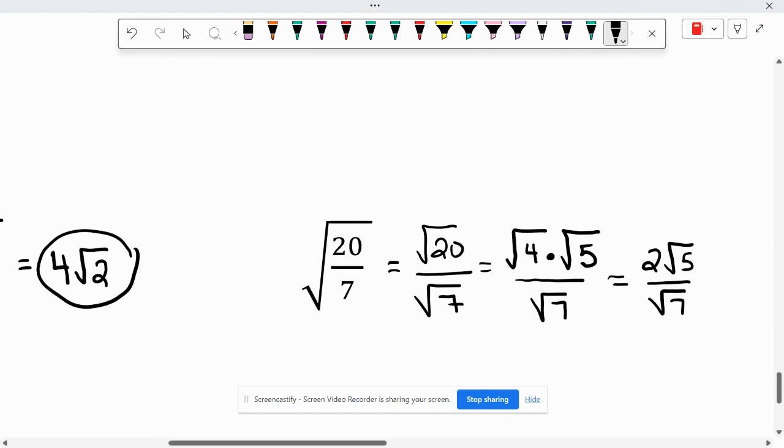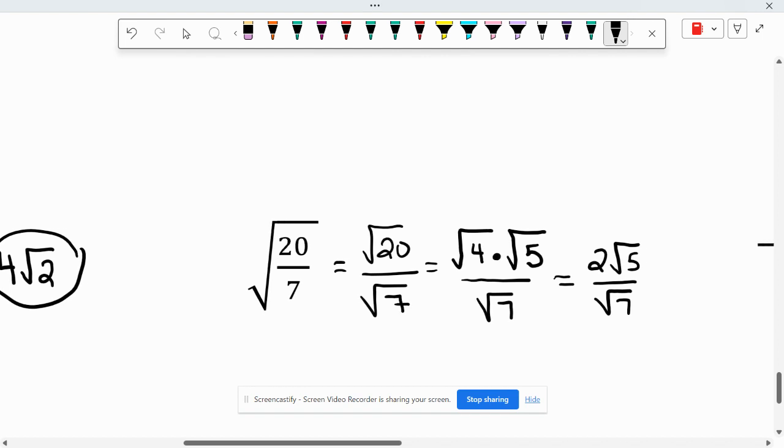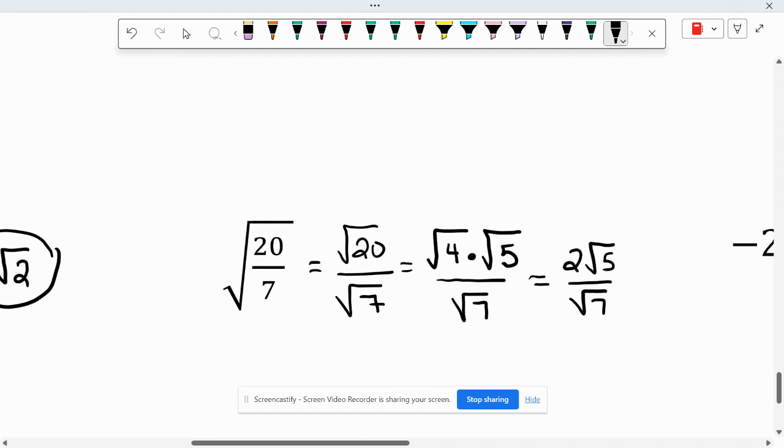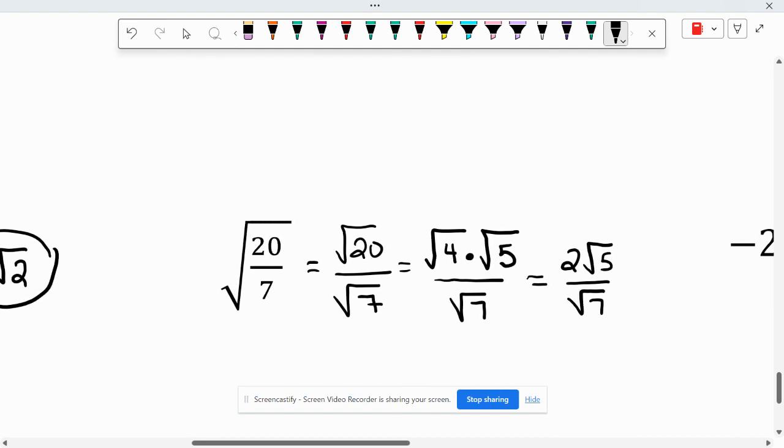Can I leave the square root of 7 in the denominator? Yeah? No, it's not allowed. We can't have a square root in the denominator. It's mathematically gross. It's not allowed. So we multiply by whatever the square root is in the denominator, and it's 7. We just multiply by the square root of 7 over the square root of 7. That's just a fancy 1, right?